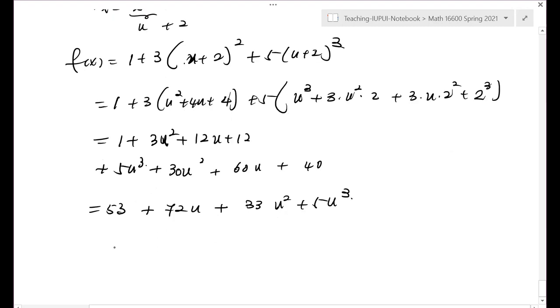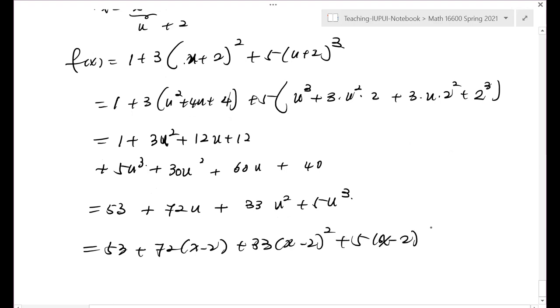Then you replace u by x minus 2, and then we solve the problem. So we just re-express a function as a polynomial in x minus 2. And this must be the Taylor series. This must be the power series representation for this polynomial.